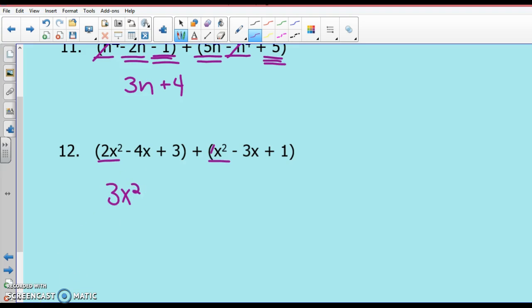You do not change the variable. You add them just like you add regular numbers. Negative 4x minus 3x. Negative 7x. 3 plus 1 is 4. Now, this is a quadratic trinomial.